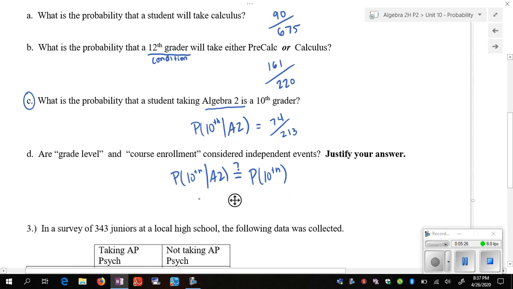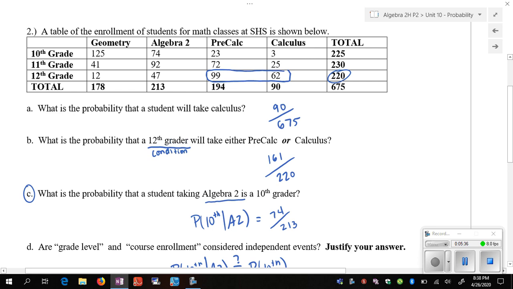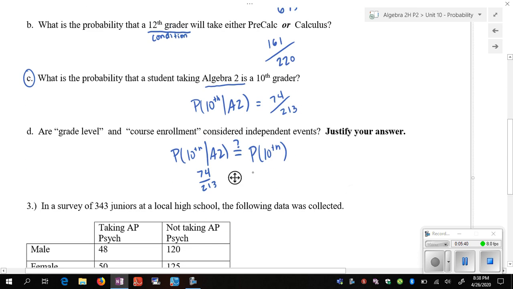So I've already calculated this, 74 out of 213, and we're questioning whether that's equal to the probability of being a 10th grader, which is 225 out of 675.